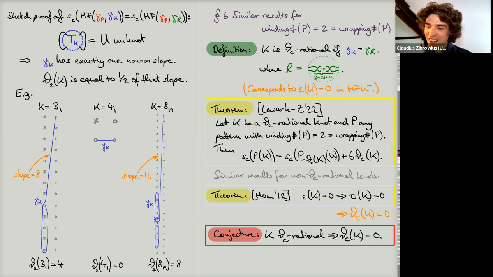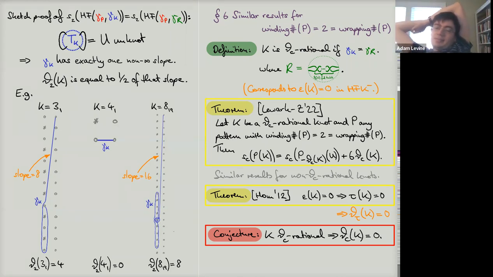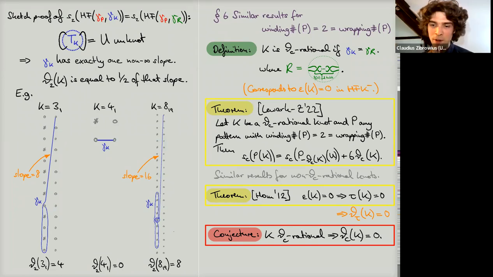We've looked into this, but we don't know how to prove something like this. Also, as I said, you can define the theta invariants over arbitrary characteristic, and they really are different. Already in the example of the trefoil knot they're different.